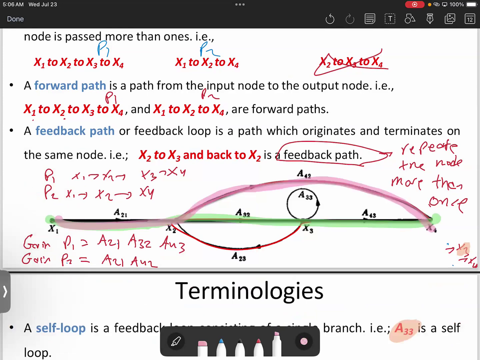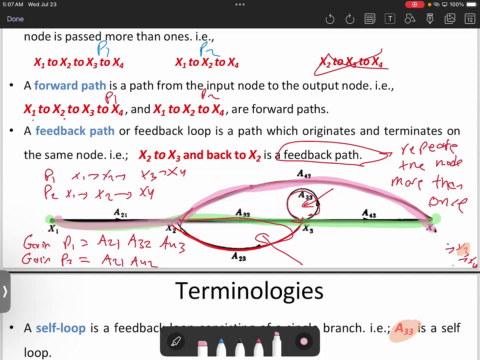Then a feedback, or loop path. We have a couple of loops here: the first loop, this one, and the second loop here. So these are two loops. When we look at loop X3, this loop here, we can consider this a self loop, because it starts from X3 and goes back to the same node.